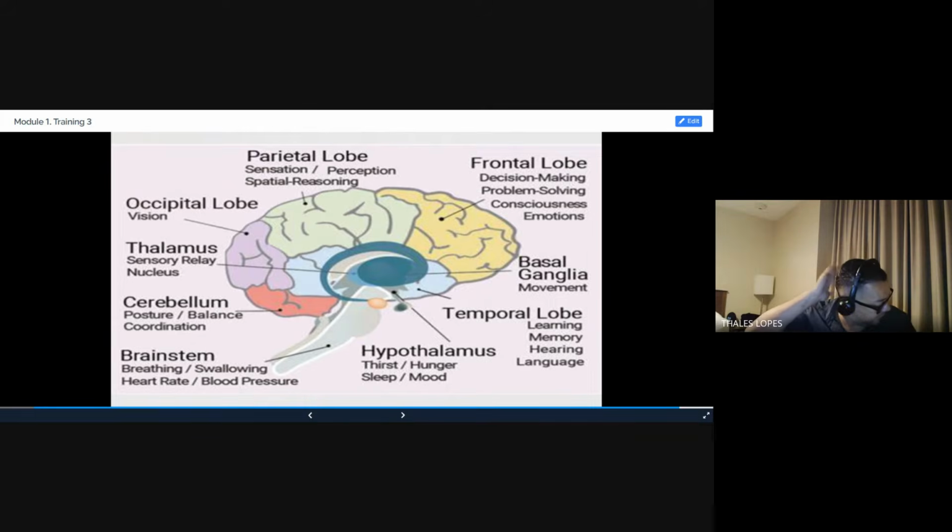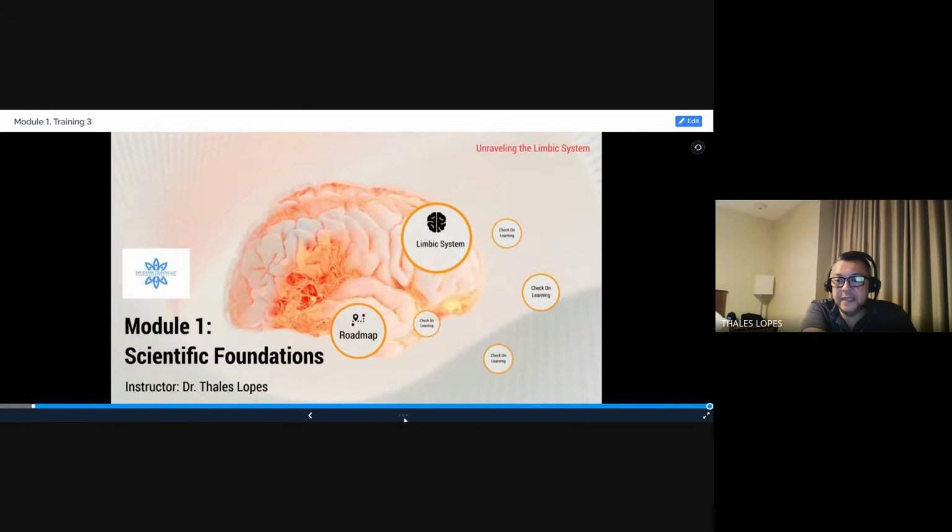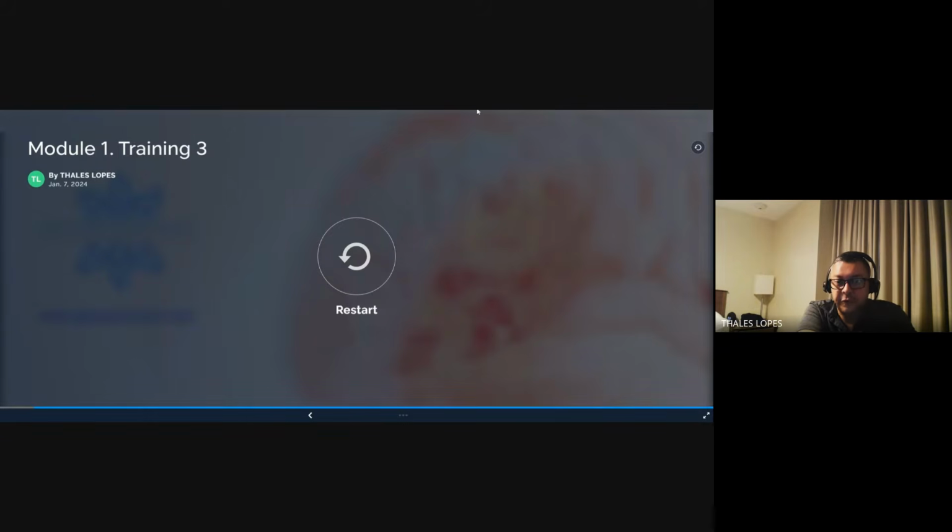Occipital, back of your head, your vision. And the basal ganglia, we will cover a lot of that when we talk about antipsychotics, right? Because basal ganglia, it's all about motion, movements, right? So that is a little bit of a synopsis of what we covered thus far.